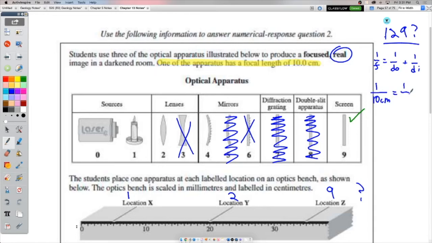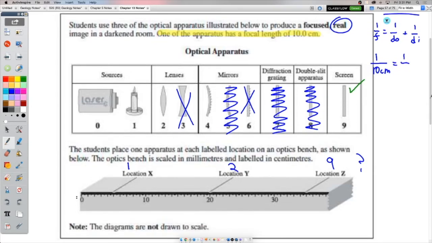So what is DO then? Well, we have here that location X is at 5 centimeters. Location Y is at 20 centimeters. So DO in this case would be 15 centimeters. Now, if this works out, DI should be about 15 centimeters. We want the image to form on the screen, right?